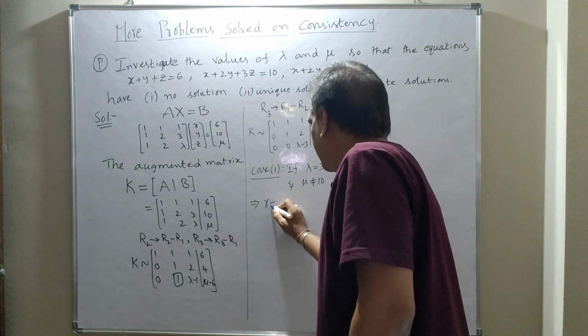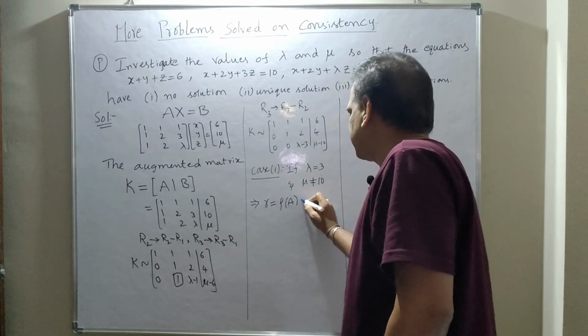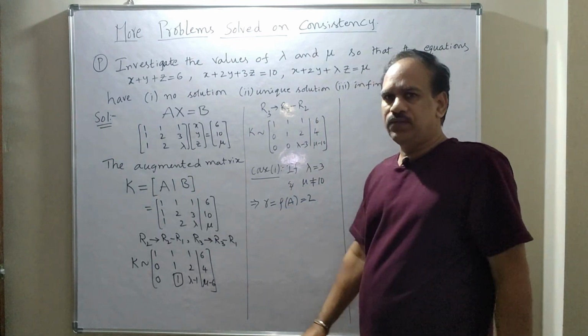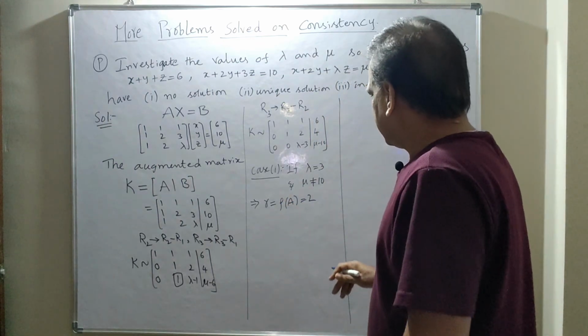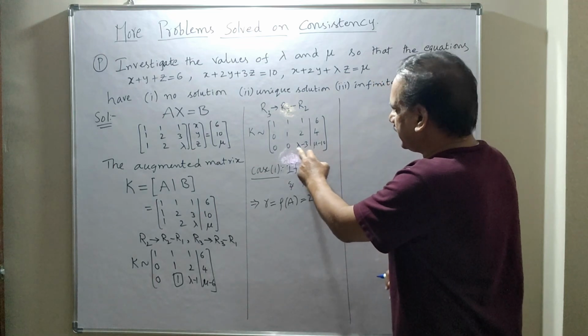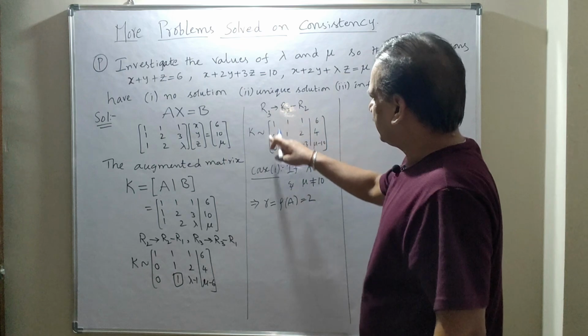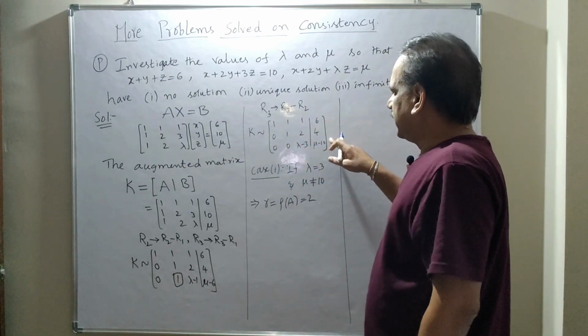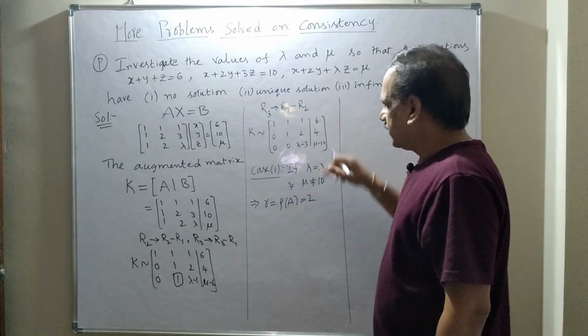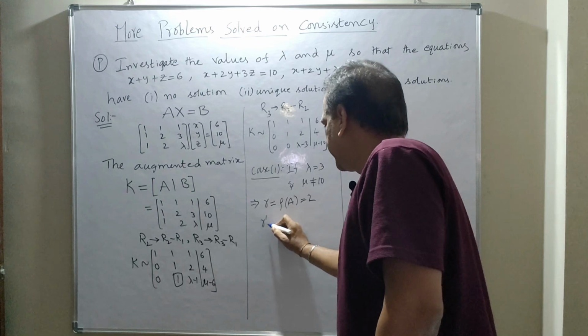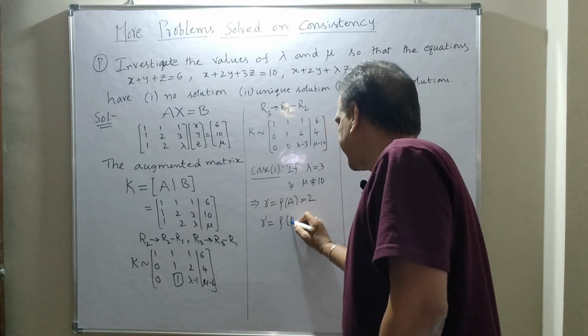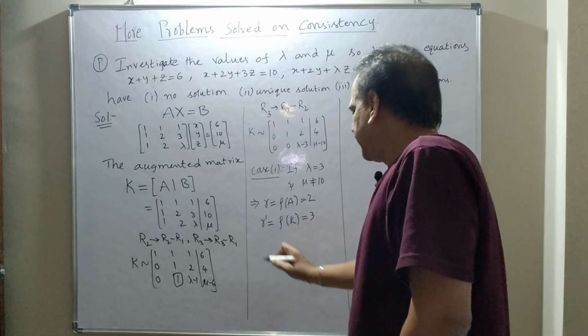In the matrix A, you have only 2 non-zero rows. This implies R, the rank of A, becomes 2, as 2 non-zero rows, right? Because lambda equal to 3, this becomes 0 and mu not equal to 10, this is non-zero. So if you consider the entire matrix K, in that you have all 3 non-zero rows. So we denote it by R dash, rank of K, it is 3.